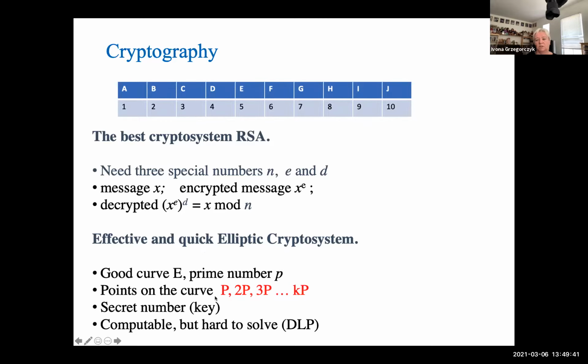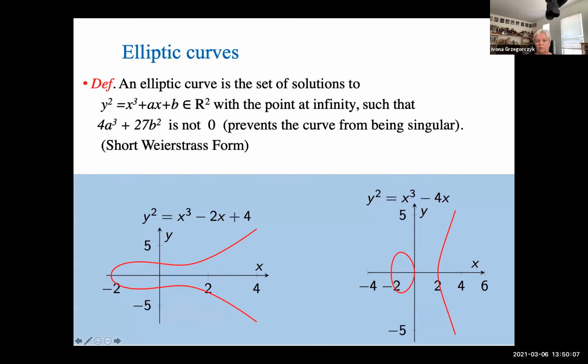You need the number that you give out so everybody can encode, and you have your secret number that you can decode with, something like this, D. D is secret. This one is really quickly computable, but it's really hard to break. The DLP means discrete logarithm problem. It's almost impossible to do if your curve is well chosen and if your numbers are well chosen.